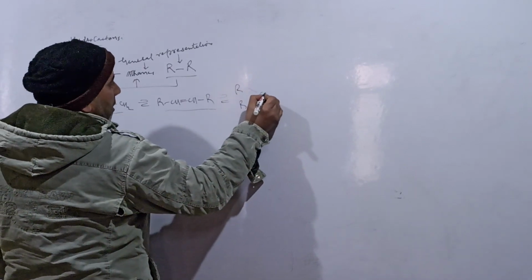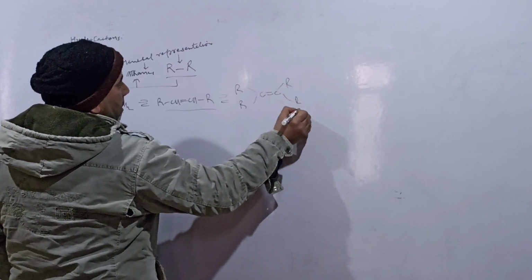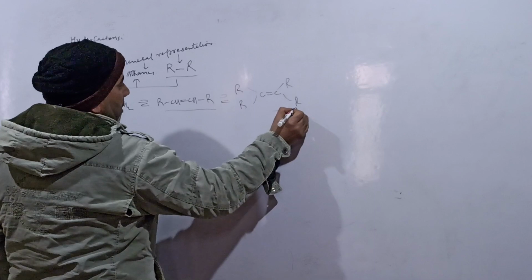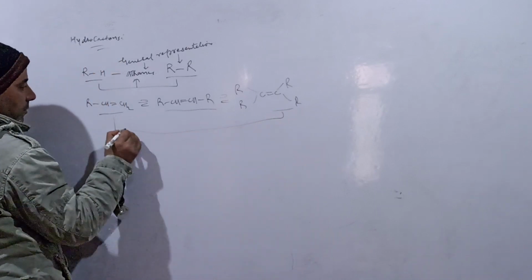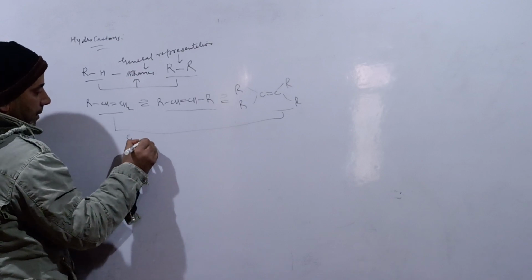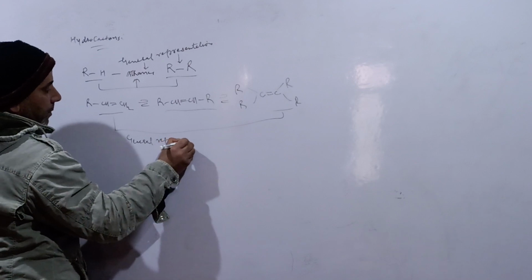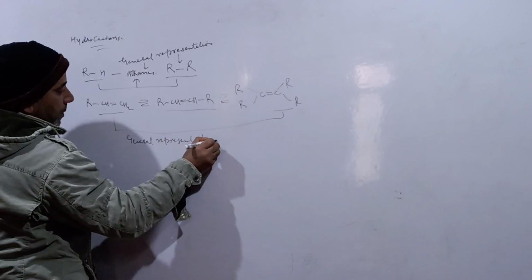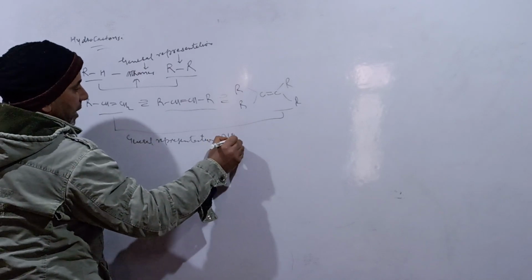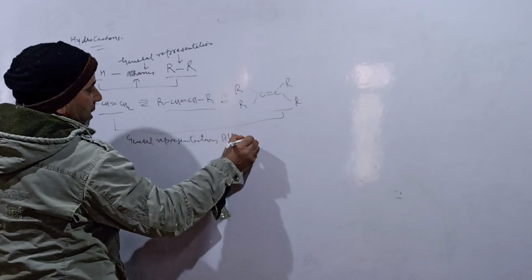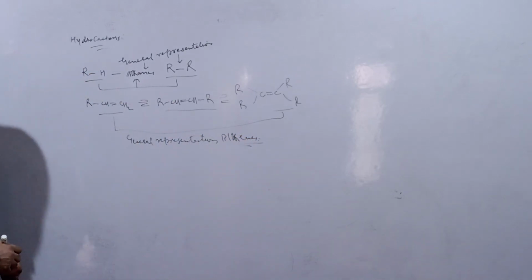Then C double bond C with R and R, these all will be the general representations for alkenes. Alkenes means a C double bond C is within these molecules.